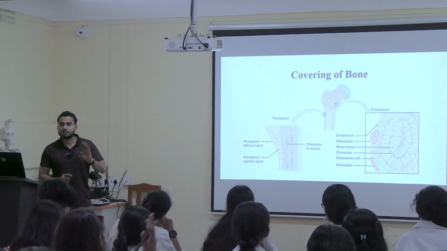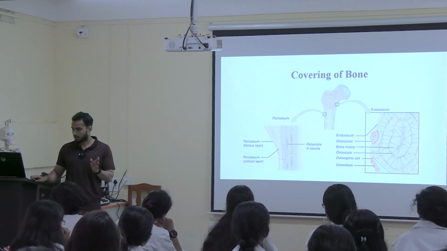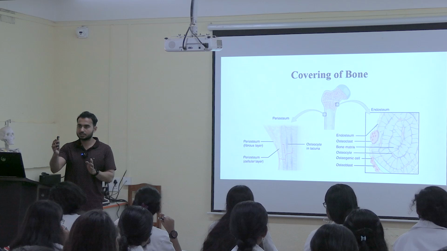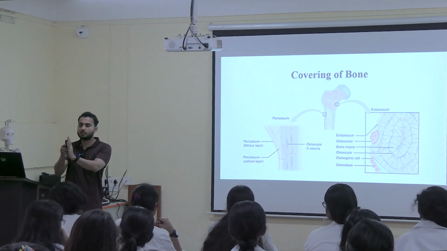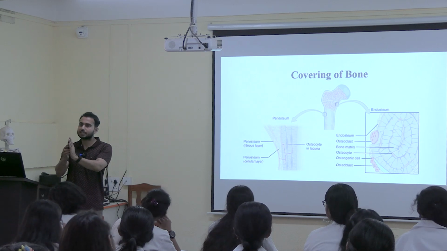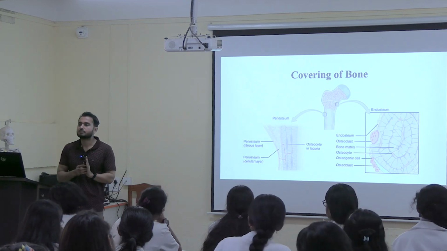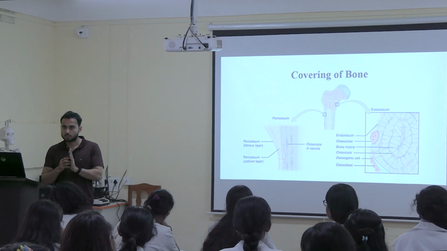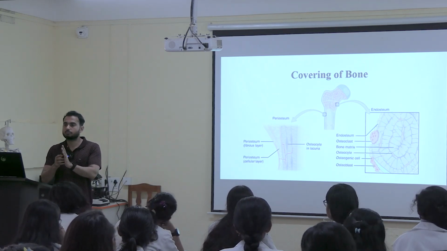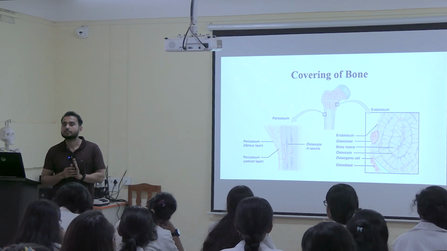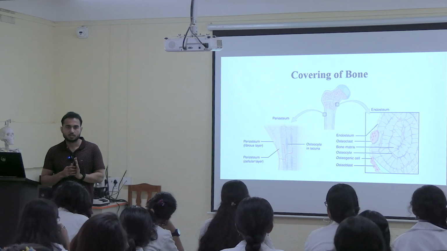Now suppose this is the bone, this is the compact bone, the outer part. Now the periosteum, how is it attached to the bone? ऐसे attached नहीं रहता है. There are some specialized collagen fibers which will anchor the periosteum to the compact bone, and these are called fibers of Sharpey. What will it do?